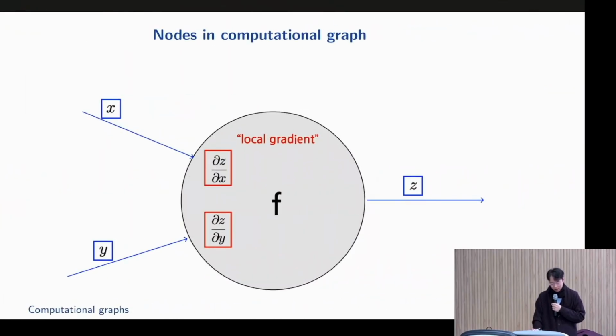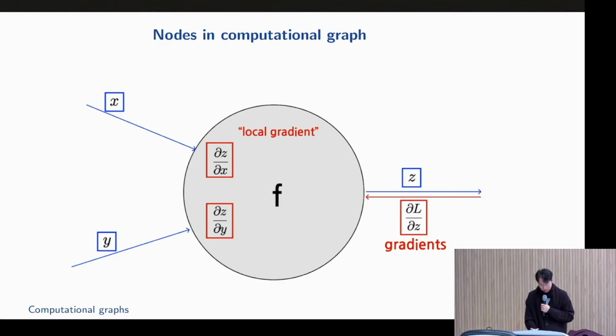During the backward pass, the definition of the computation node is going to have already baked in an internal method that computes the local gradient of the output with respect to the inputs. That's part of the implementation of this f.